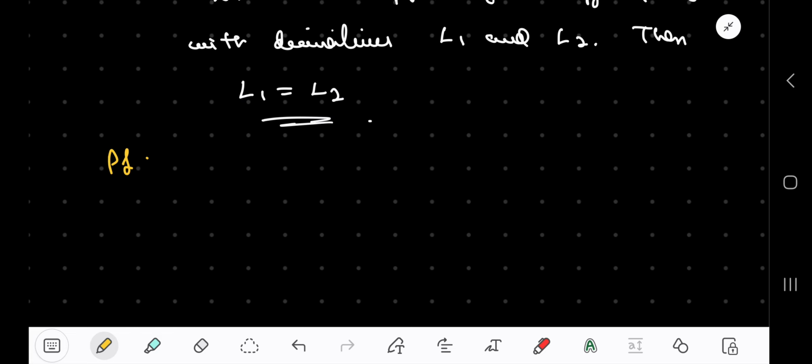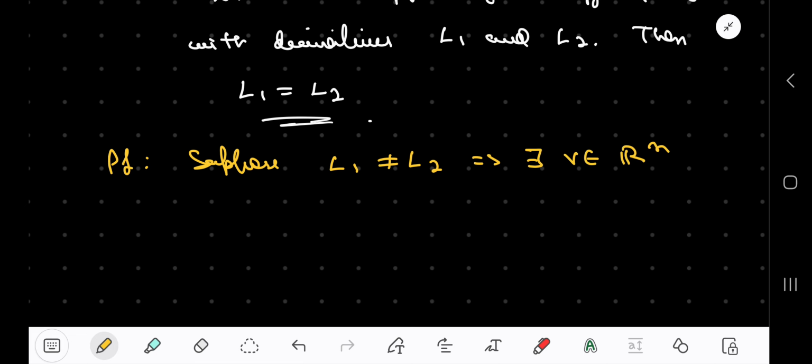Proof. I am just giving a hint. Suppose L1 is not equal to L2, then this implies that there exists some v in Rn such that L1 v is not equal to L2 v. Also v is non-zero. Why is v non-zero? Because if v is 0, then L1 v must be 0, because L is a linear transformation. Linear transformations evaluated at the origin give 0. So L1 v not equal to L2 v immediately implies that this vector v must be a non-zero vector.